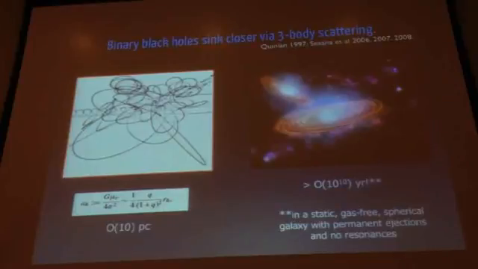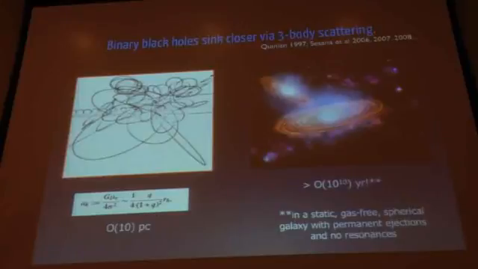During that phase, the big deal is that the black holes meet and become hard at a certain separation. That separation will be called A throughout this talk. For 10^8 solar mass black holes, that's at about 10 parsecs. And then the way in which the black holes get closer is by 3-body scattering: stars that come within about 3A of the binary. That star gains energy and angular momentum through the process when the binary is hard, and gets flung out of the galaxy, or at least to very large distances.